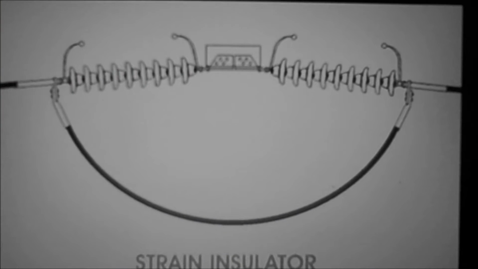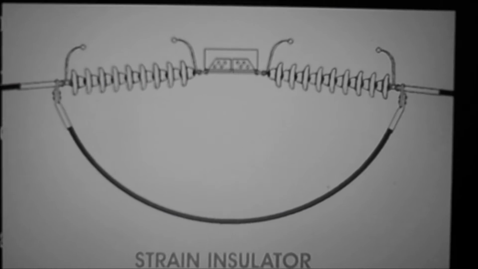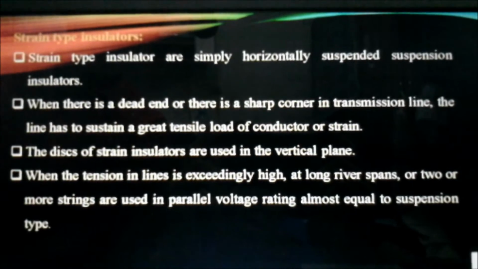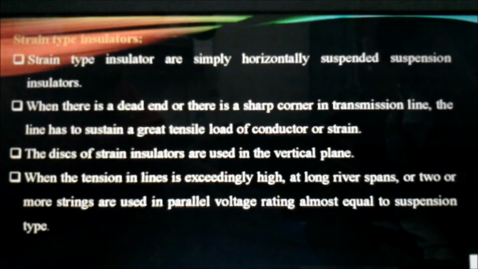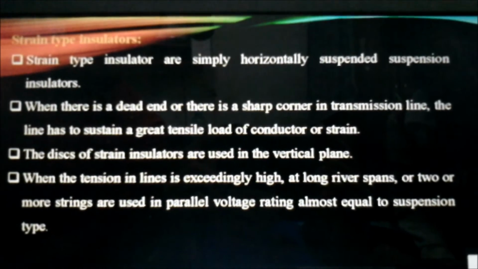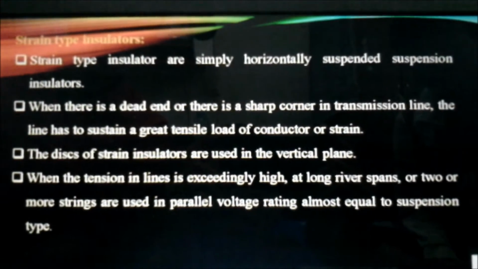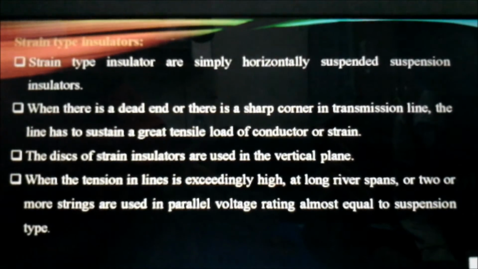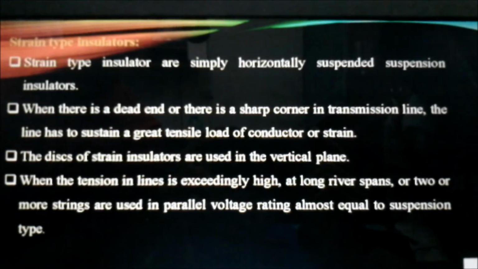Okay, and the last example today is the strain type insulator. Strain type insulators are simply horizontally suspended suspension insulators. When there is a dead end or a sharp corner in the transmission line, the line has to sustain a great tensile load of the conductor or strain.